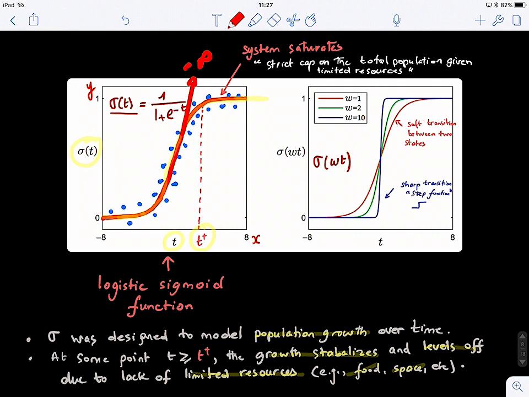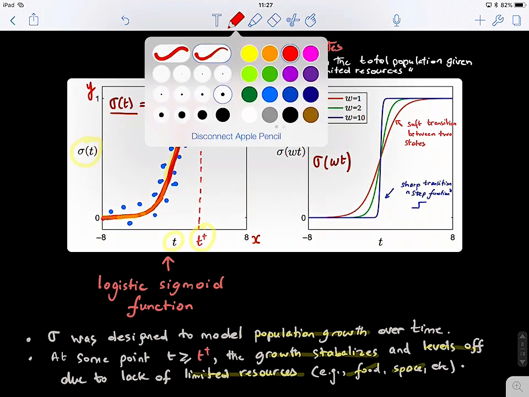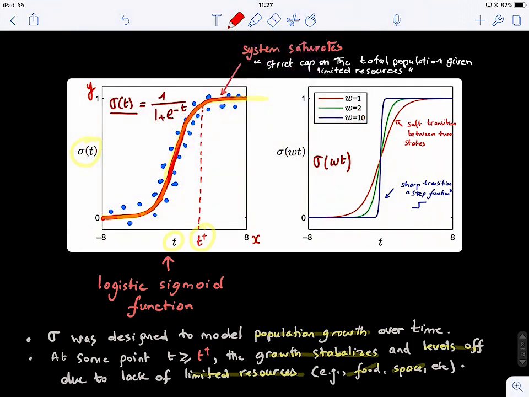So at some time point, the system will basically stop growing, and this is the maximum concentration or growth for our population that we will get.